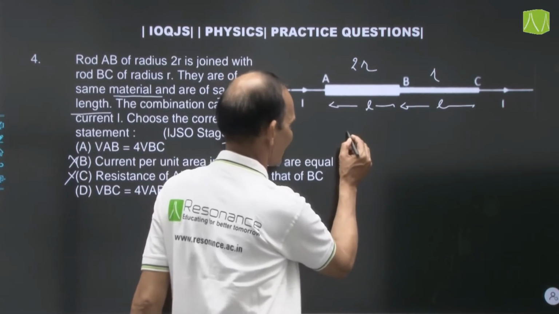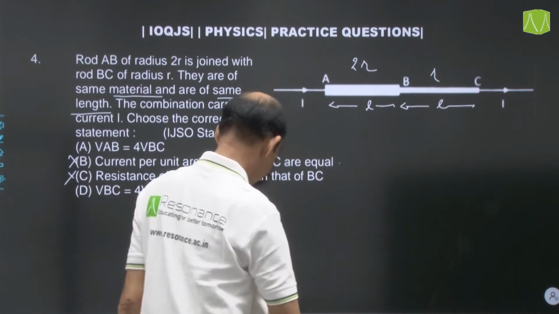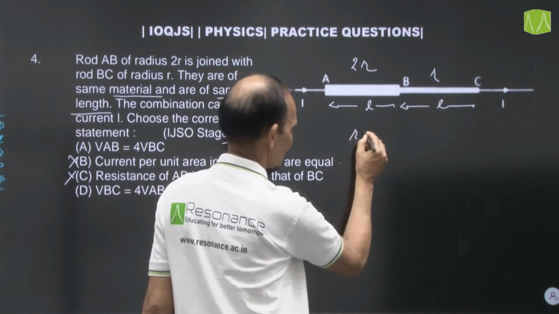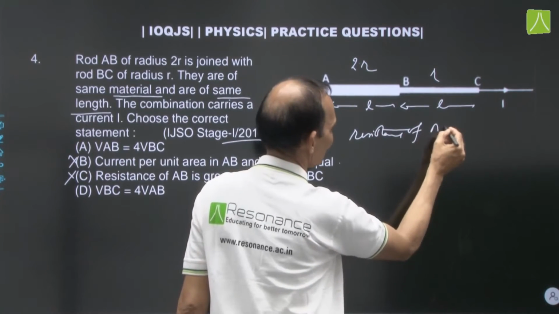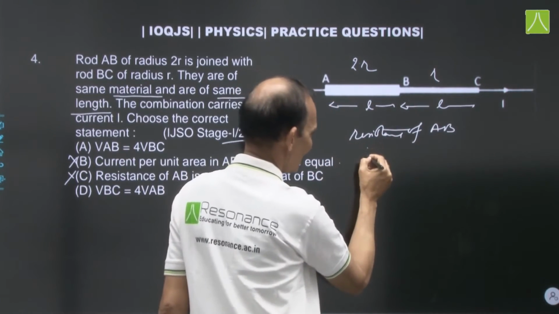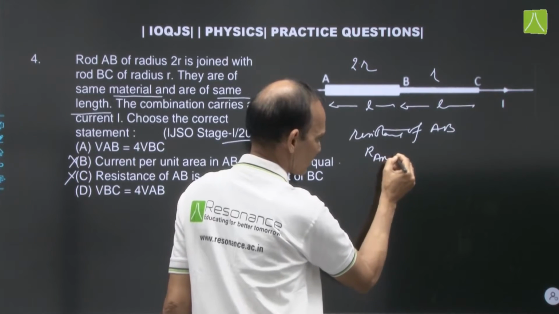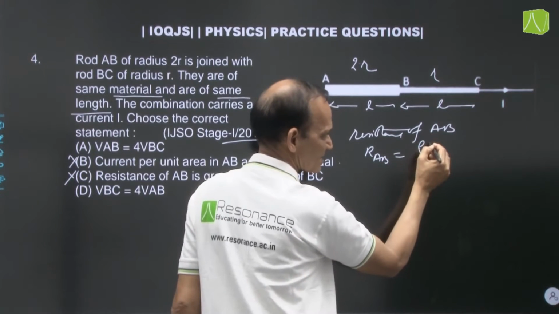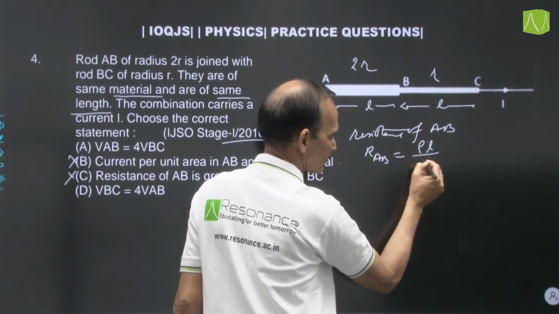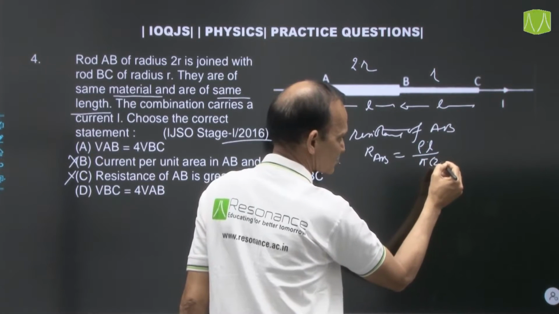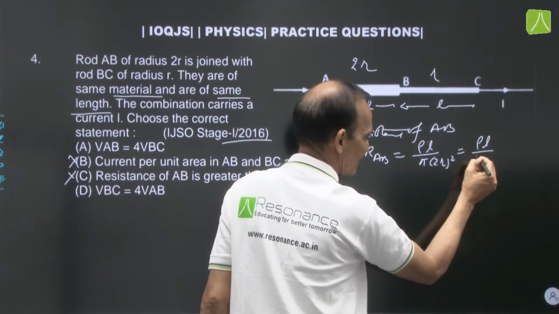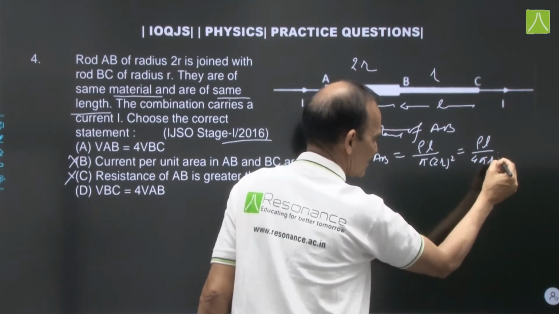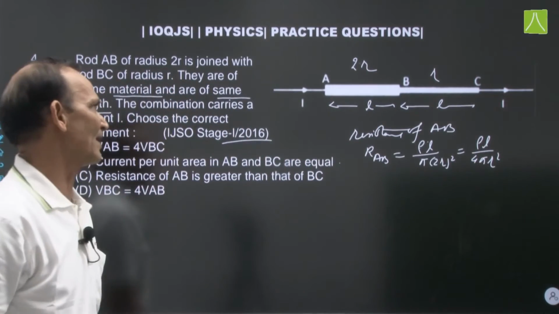So the resistance of AB, R of AB, is equal to rho L upon pi into 2R square, that is, we can write rho L divided by 4 pi R square, the resistance of wire AB.